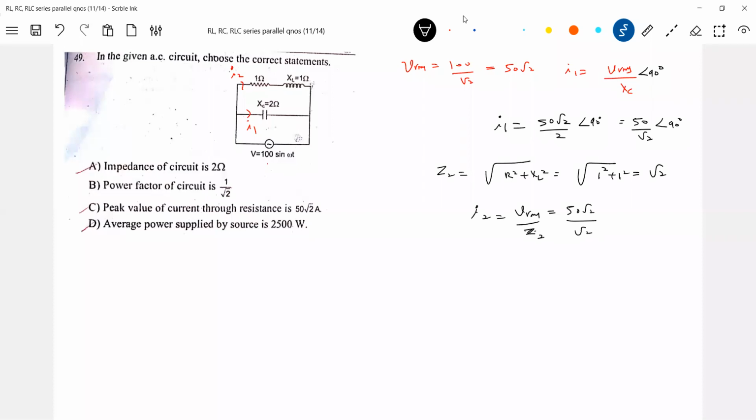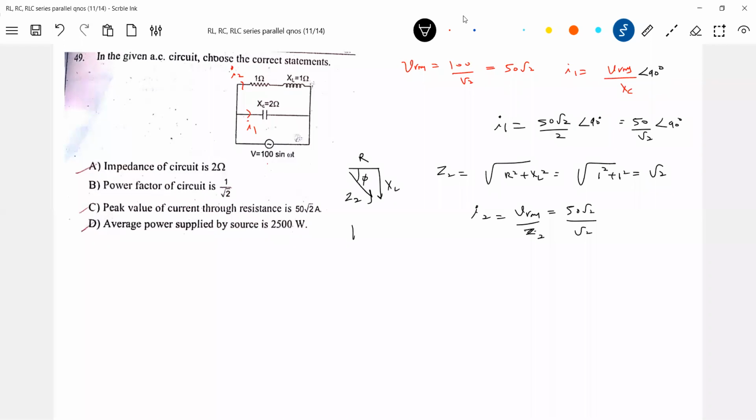Now what about the phase angle? Not minus 90, it's the RL, R and L are there. So what is the phase angle of the circuit for RL? This should be R, this should be XL, and this should be Z2.